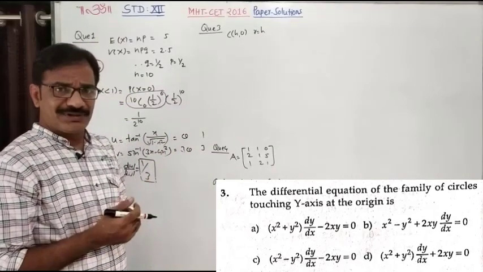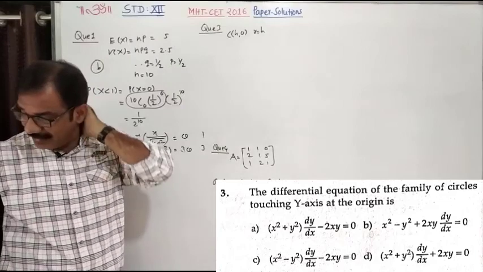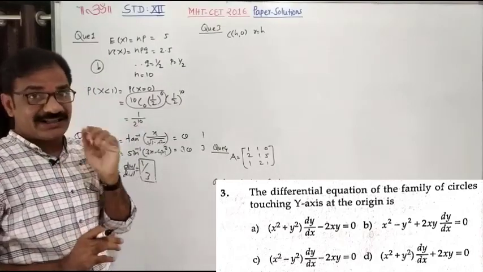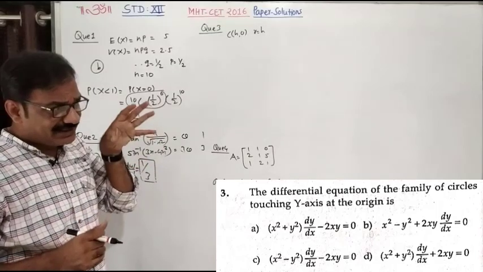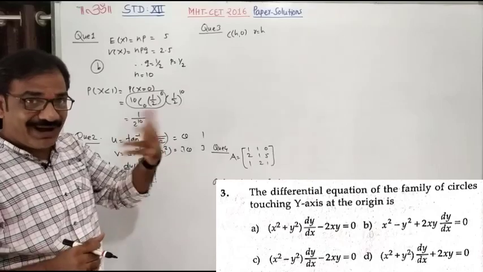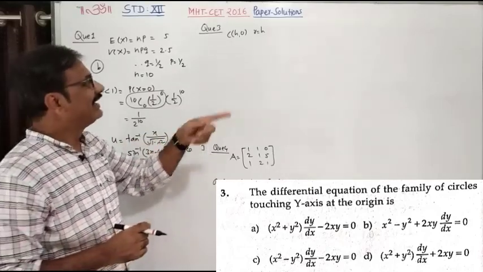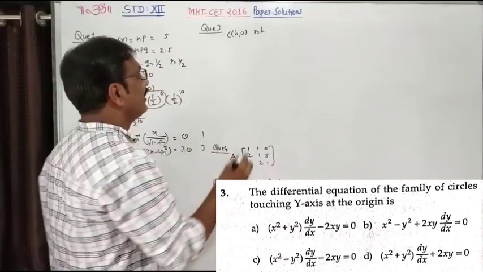Let us see question number 3 now. The question is the differential equation of family of circles touching y-axis at the origin. As you know, when the circle touches the y-axis at the origin, the center is this and the radius must be this.